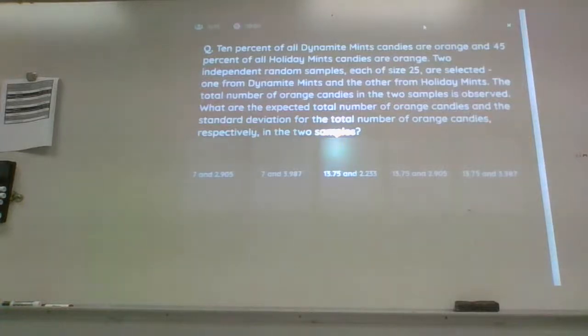Interesting. What I will tell you is that when it comes to expected value, you can technically do that by hand. But when it comes to standard deviation, it may be in your best interest to utilize the lists on your graphing calculator.